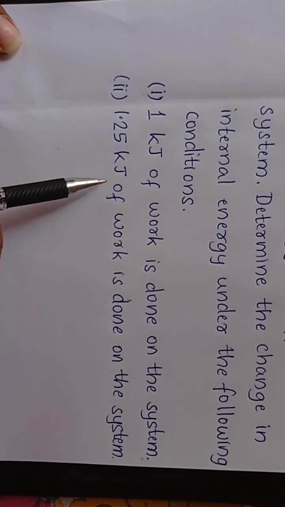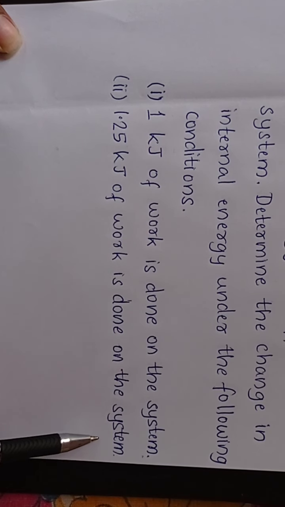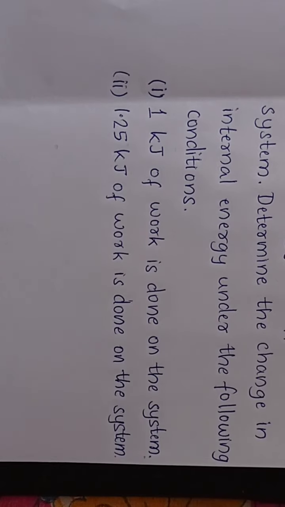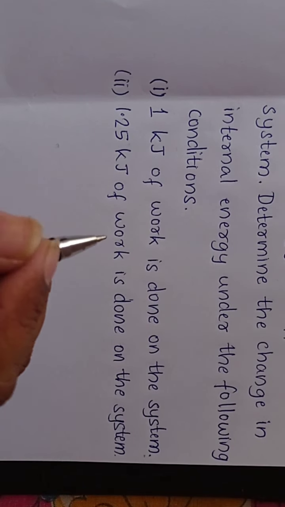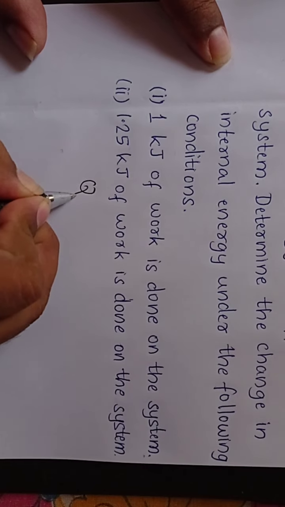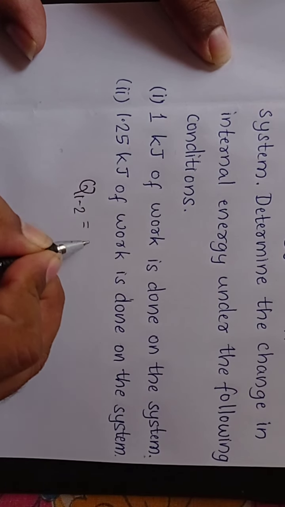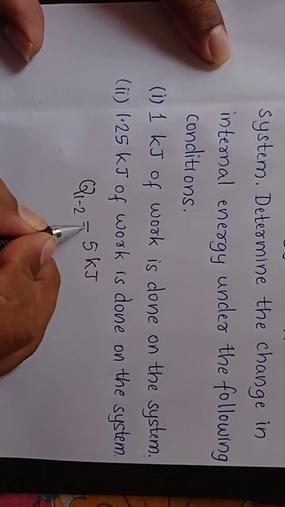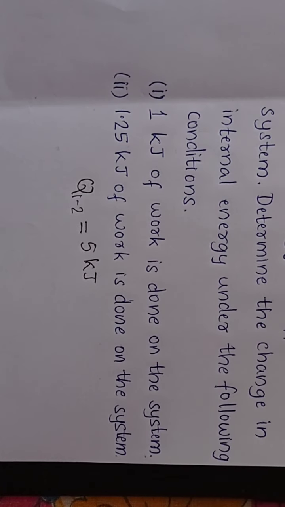Second, 1.25 kilojoules of work is done on the system. What is given in the problem? Heat supplied to the system is 5 kilojoules per kg. So Q12 is 5 kilojoules per kg. It is heat added to the system, so it is positive.